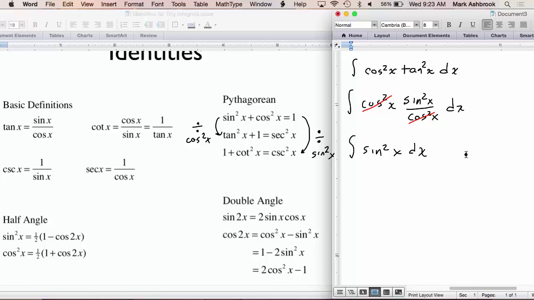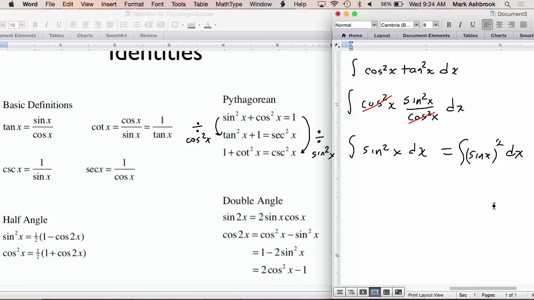This is the same as sine squared x. When you see this notation, sine squared x, that's like taking the sine first and then squaring it. So what else would I need so that it would be the result of a chain rule derivative?